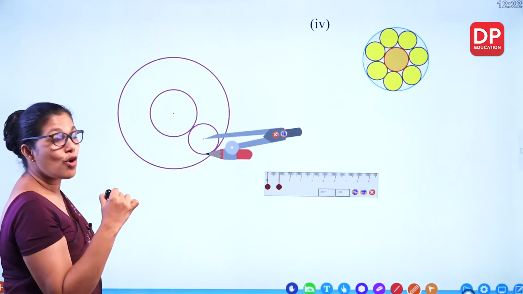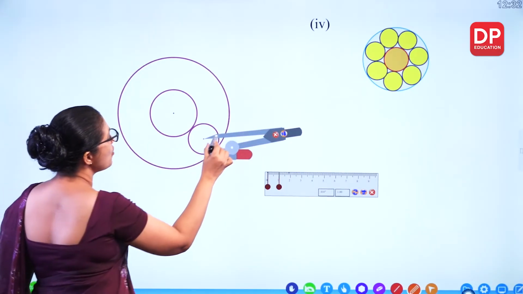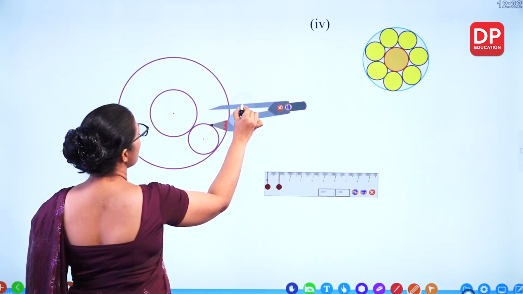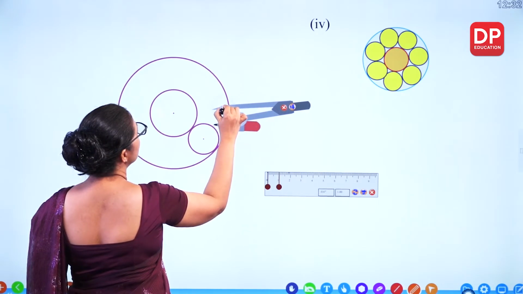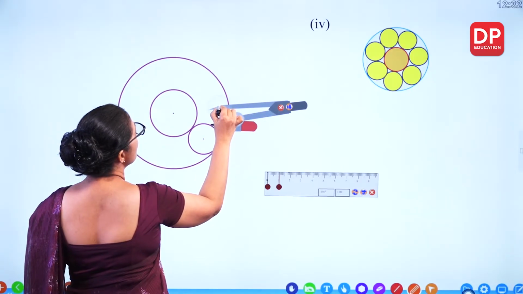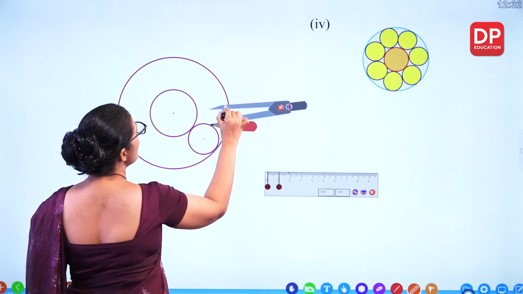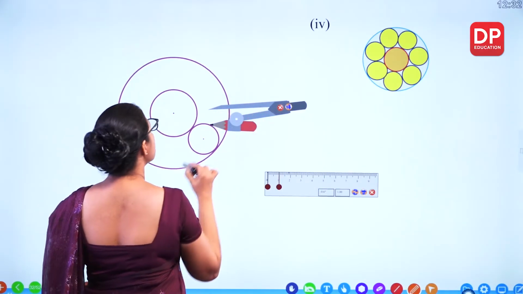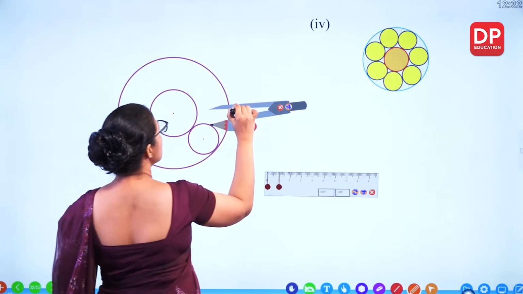So you have to draw circles around this. You keep it properly, otherwise you are not getting exactly what you want.